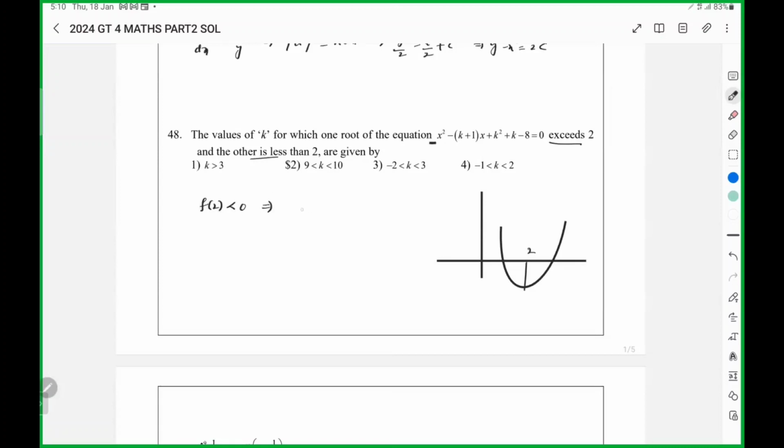That is here 4 minus k plus 1 into 2 plus k square plus k minus 8 minus 2k. 4 minus 2k minus 2 minus 8 plus k square minus 2k minus 2k minus 8 plus 4.